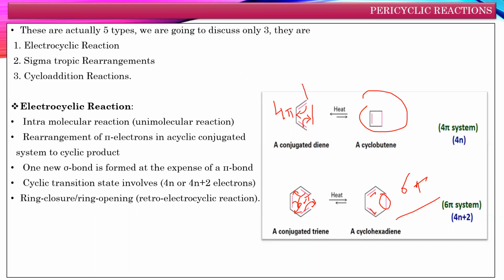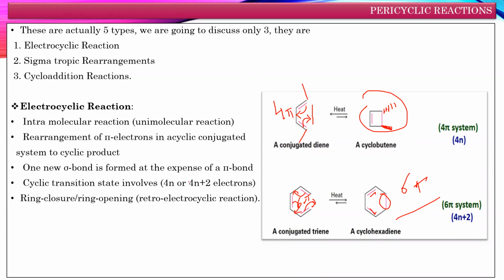When substituents come here, the stereospecificity matters, like forming a product where one has an outside substituent and one has an inside substituent. All those things we are going to discuss next.